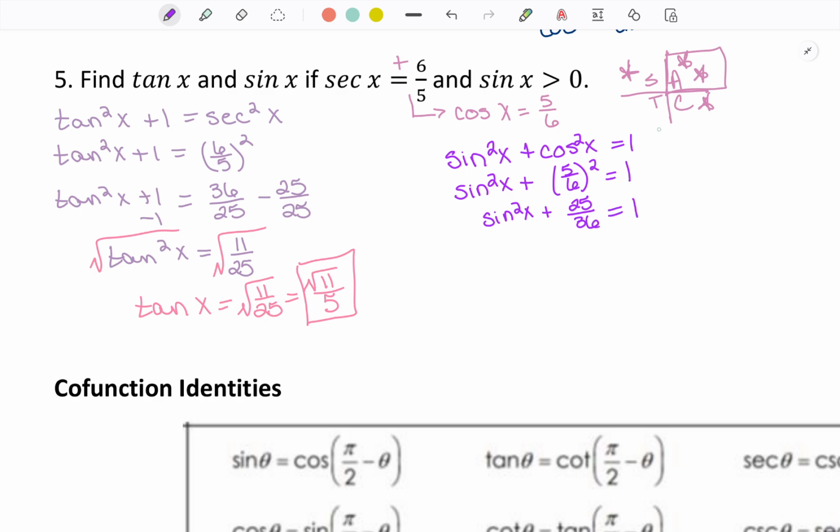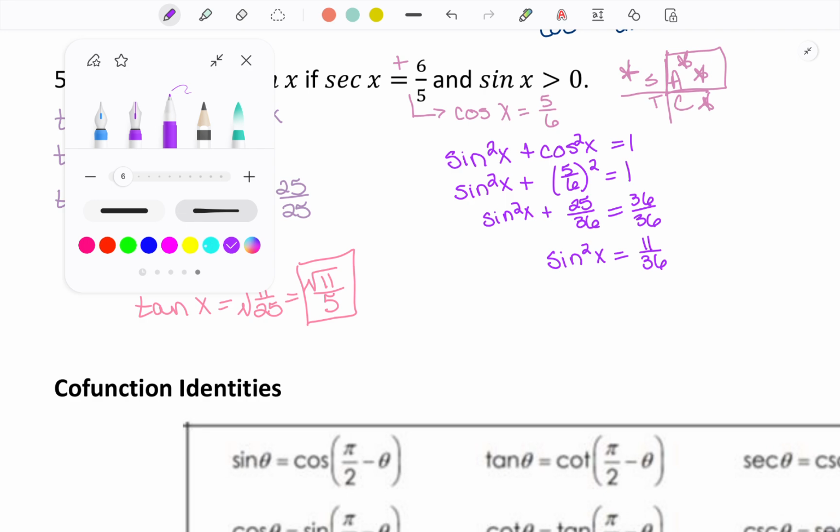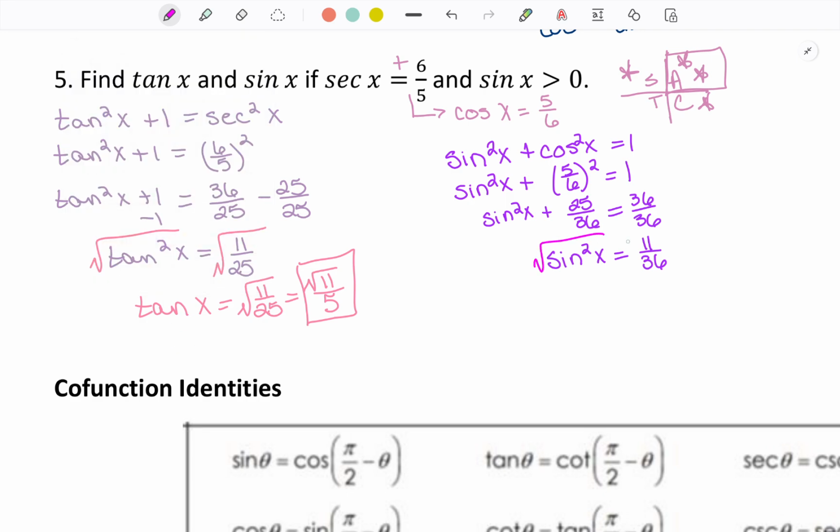So we are going to subtract. So we could use that 1 as 36/36. So sine squared x is going to be 11/36. And then we will go ahead and take that square root. So we will have sine x equals the square root of 11 over 6. And this is valid because it is in quadrant 1.